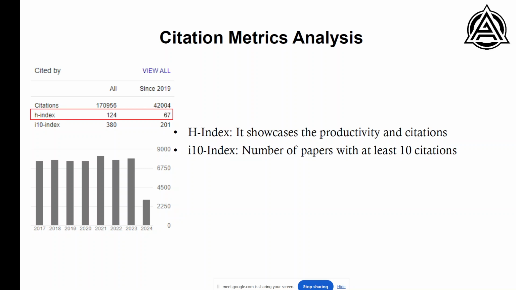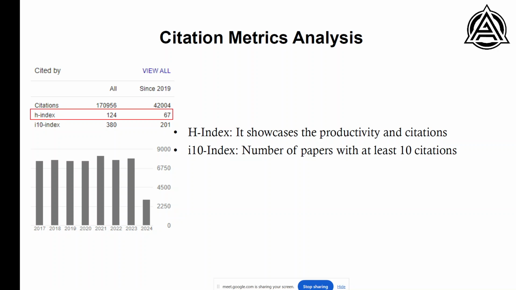Out of 20, if 11 papers receive greater than or equal to 10 citations, then your I10 index will be what? Let me repeat my question once again.